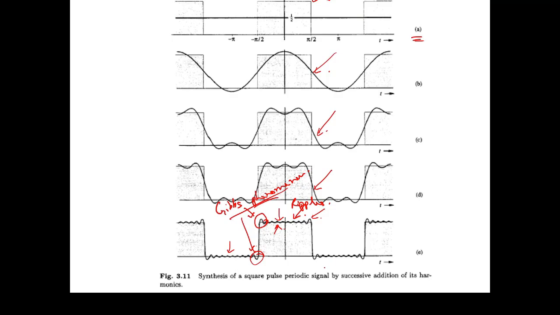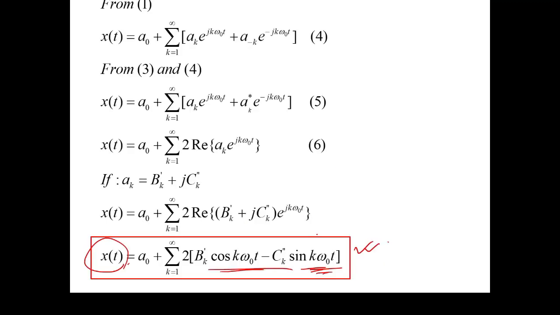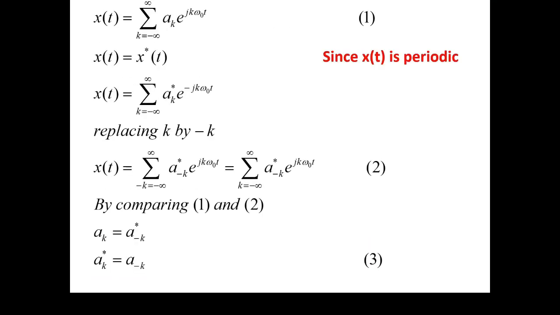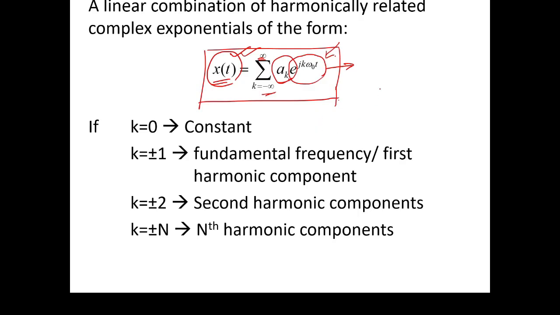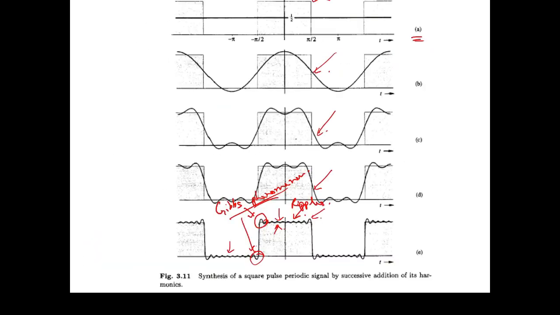Now why is this happening? The answer lies in the equation itself. In the Fourier series equation, we are saying that an infinite number of sinusoidal waves are being used for the reconstruction of any periodic signal.